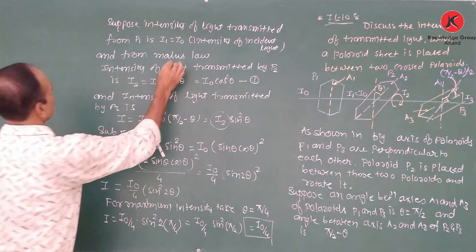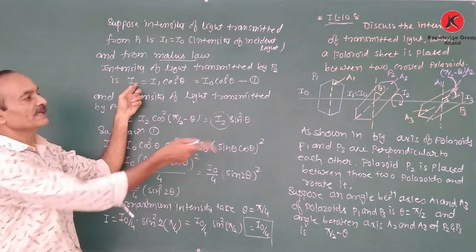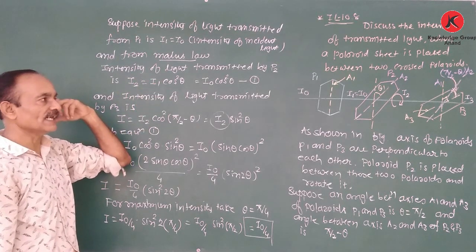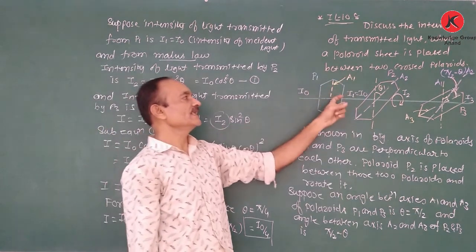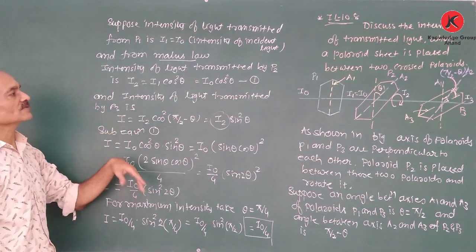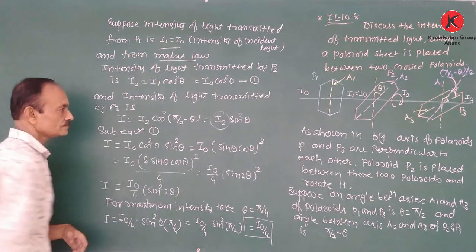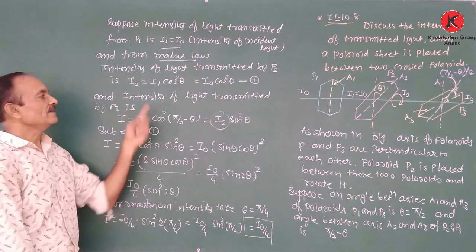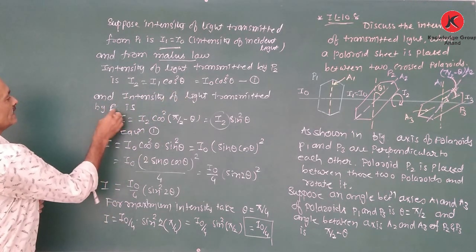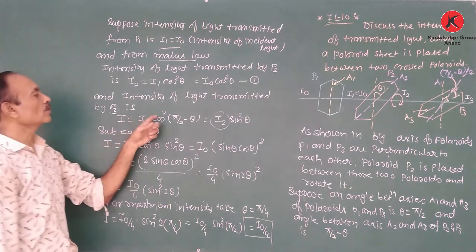Now, by Malus law, the intensity of light transmitted by P2, because P2 is rotating, is I2 equal to I1 cos square theta, where theta is the angle between the axis of P1 and the axis of P2. So I0 cos square theta, because I1 is equal to I0. That's equation 1. And the intensity of light transmitted by P3 is I equal to I2 cos square.